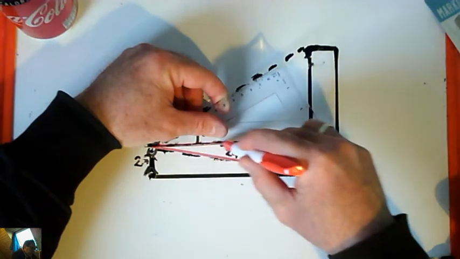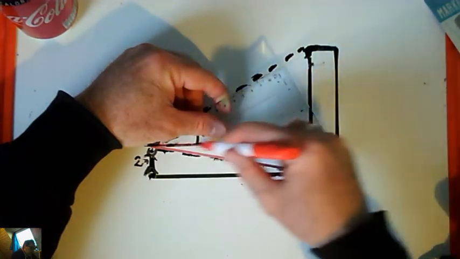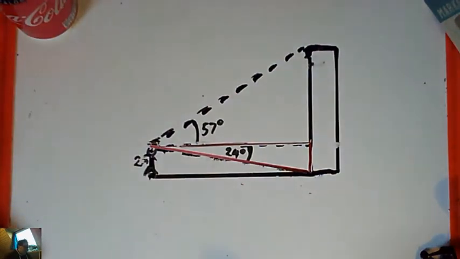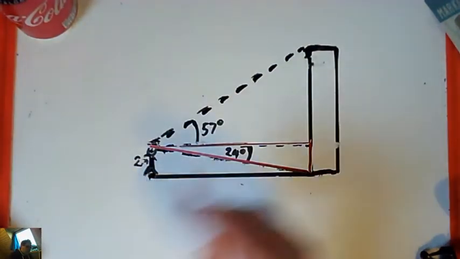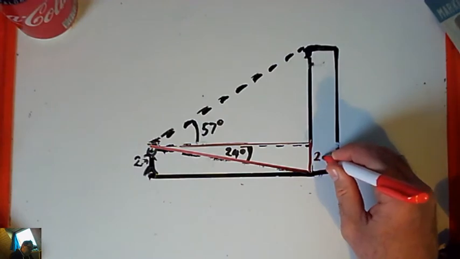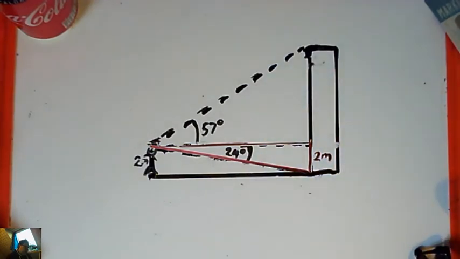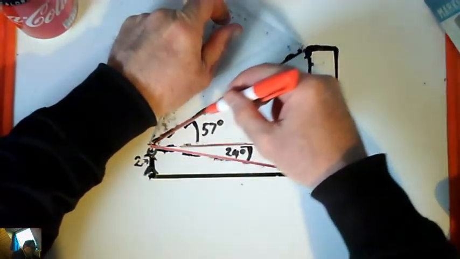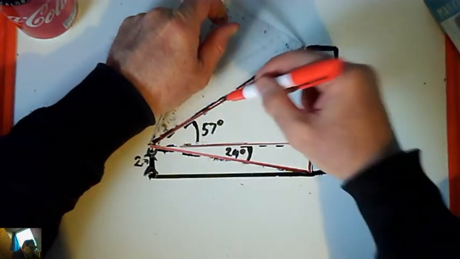So I'm going to look at this triangle that's got the 24 degrees in there, and if that's 2 meters over there for the height of the man, then it's 2 meters on the other side as well.